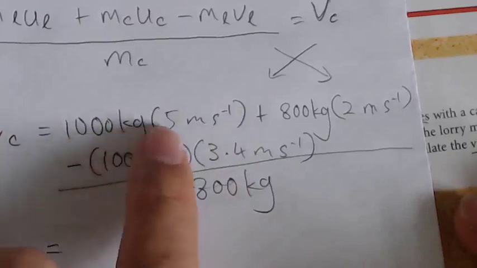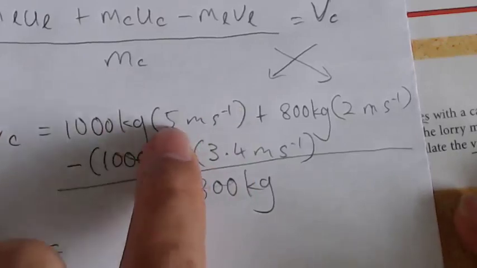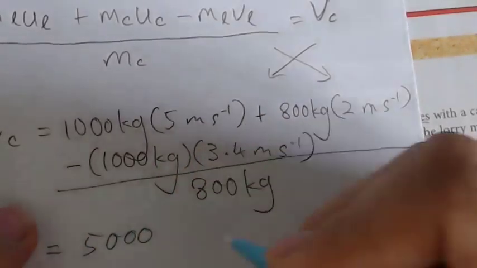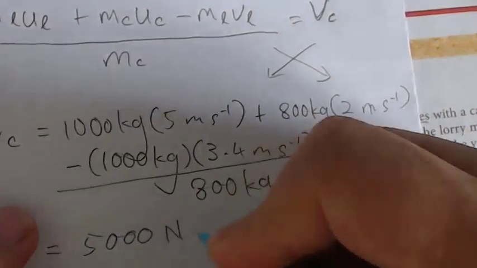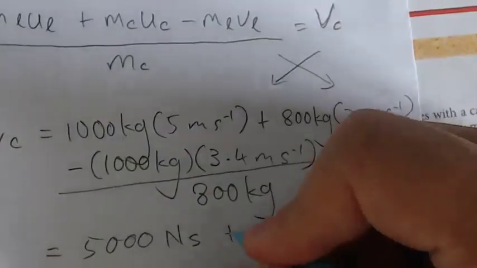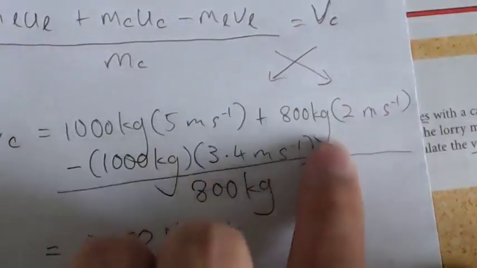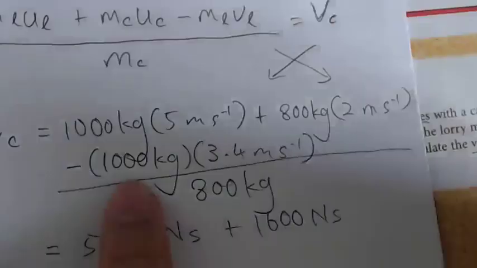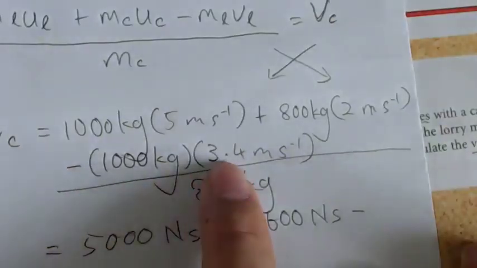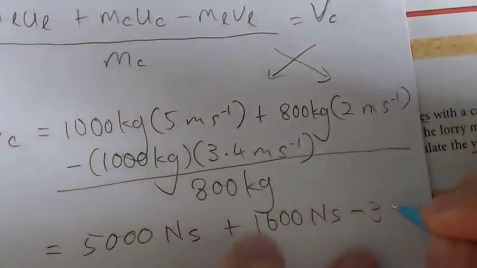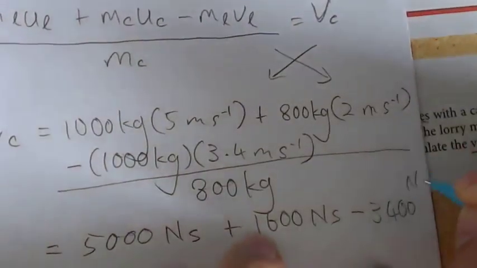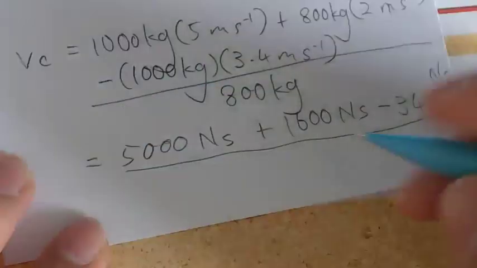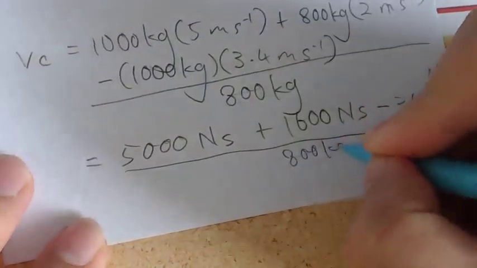Sometimes we can calculate directly, like this. 1000 multiply 5, we get 5000 Newton second, plus 800 multiply 2, Newton second, minus 1000 multiply this 3.4, 3400 Newton second, like that. Then divide by 800 kilogram.